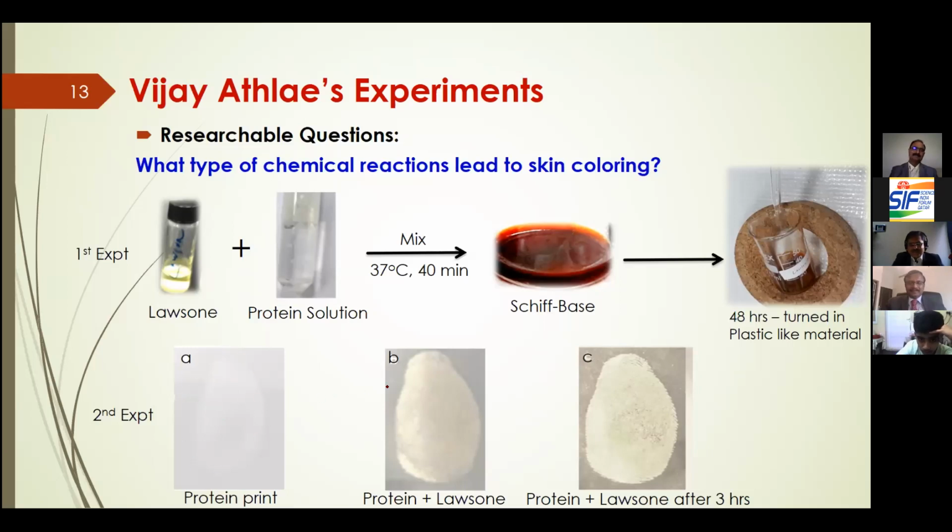Then he put some protein solution on it, and he also put some Lawsone solution on it and left it there for about 3 hours or so. Notice on that thumbprint, there is already a reaction happening, and you can see that the fingerprint is showing up. So this gave us an idea: oh, I see, we could possibly use Lawsone to develop fingerprints, identify people, and so on. That is what happened with Vijay Atle's experiments.